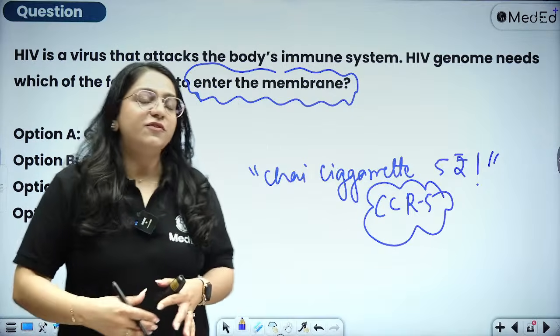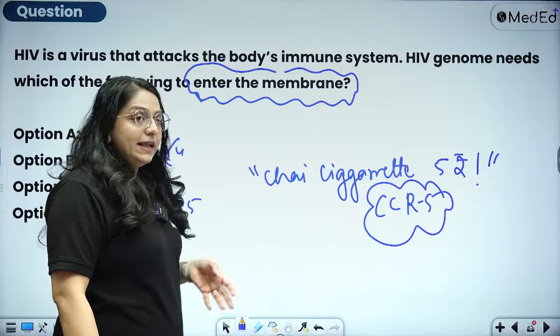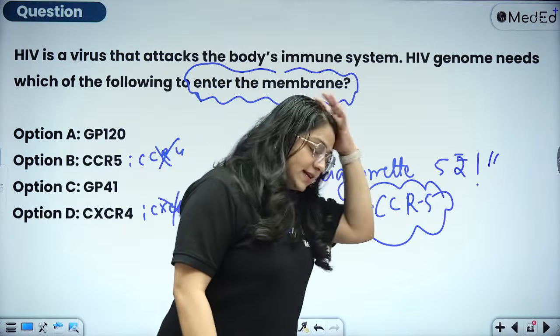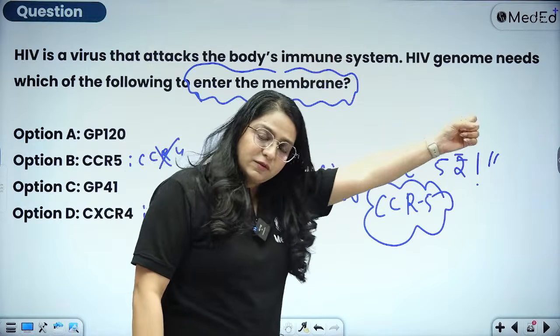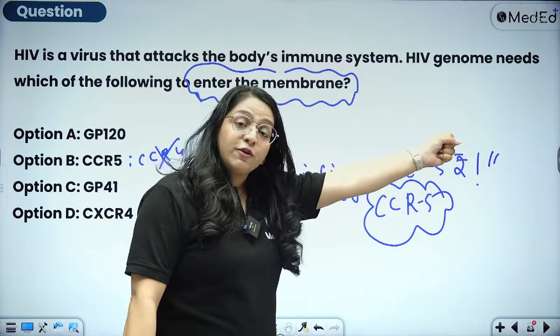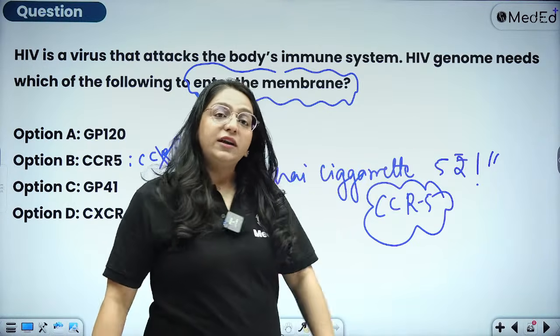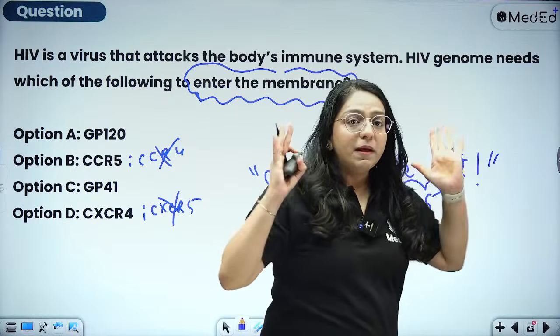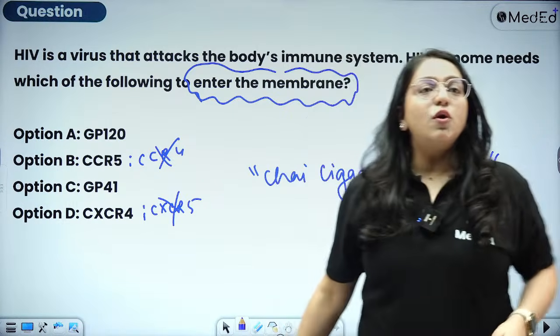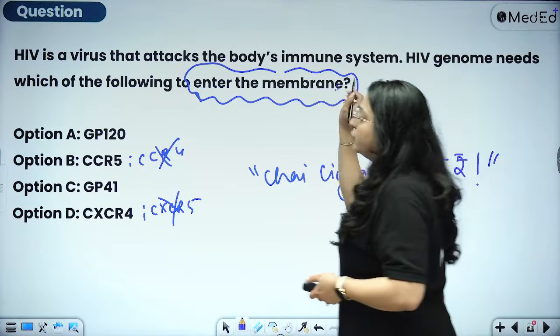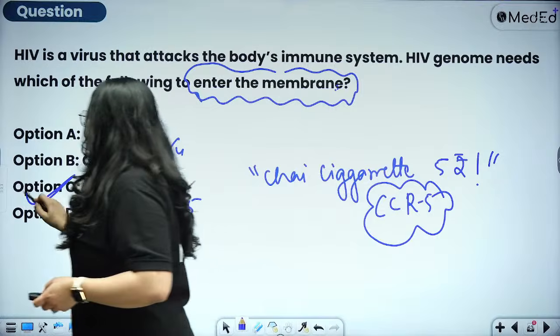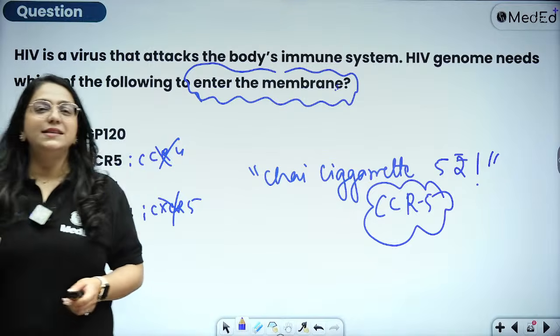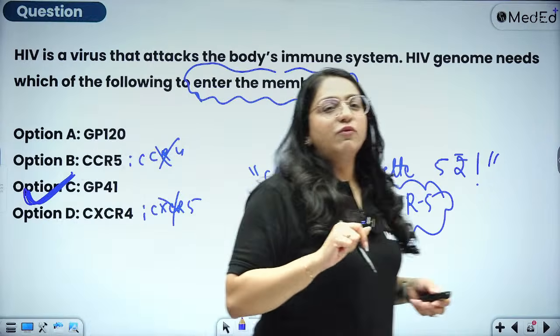Then what happens for complete binding? GP120 binds CXCR4, CCR5 co-receptors. Then from behind the GP41 comes and pulls the T cell and the membranes fuse. So when the cell membranes have to fuse, you need GP41. So for entry inside the cell membrane, it is GP41.